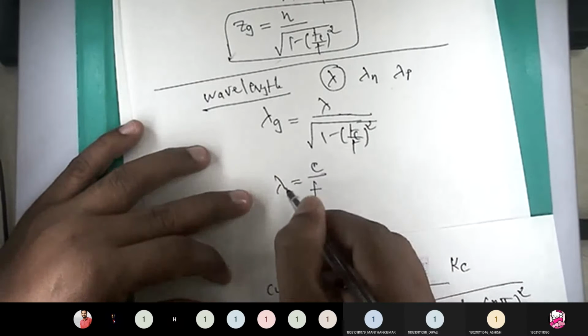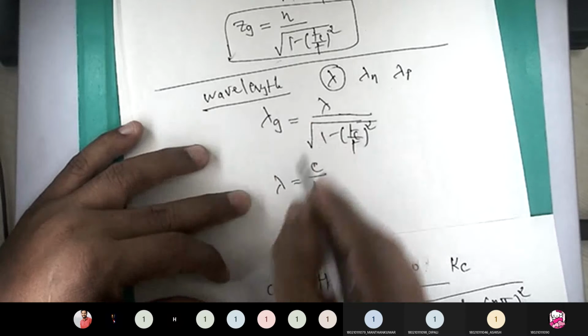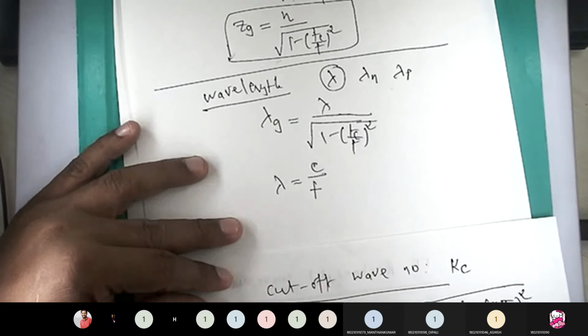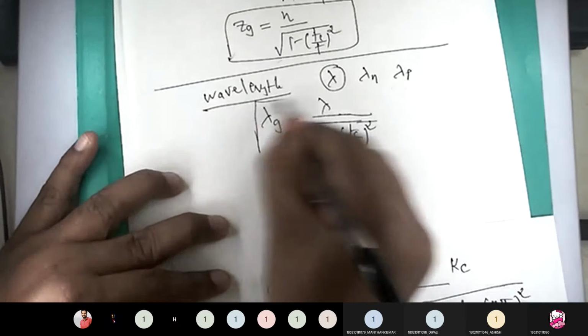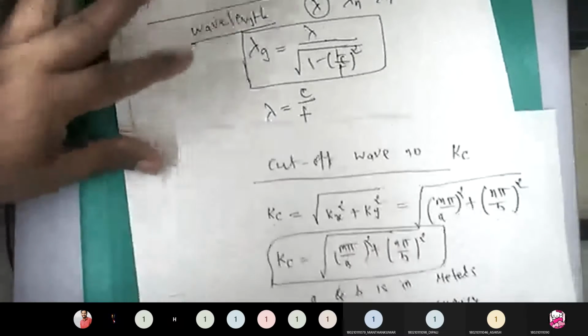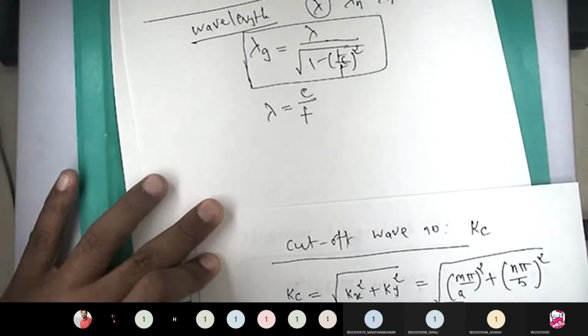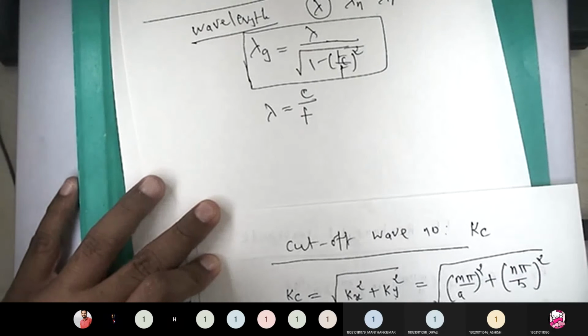Here we are looking for lambda g, and this is your final expression that you have to remember for guide wavelength lambda g. So let me give you one more point here, so please hold 1 minute.